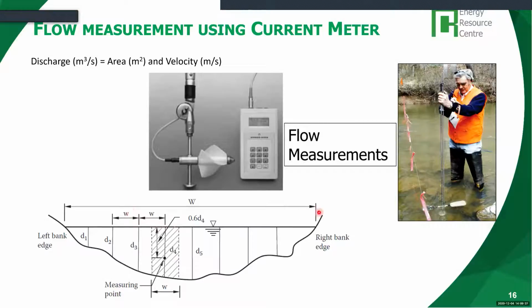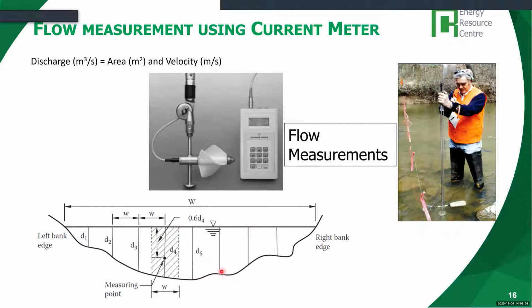And because the velocity varies, the maximum velocity is in the middle, and it is lower on the sides because there is this frictional effect and other effects of the boundary of the river. Also the velocity is more or less highest at the top.